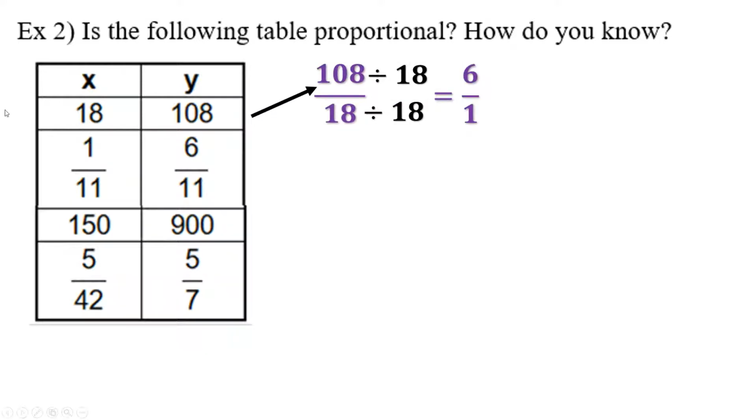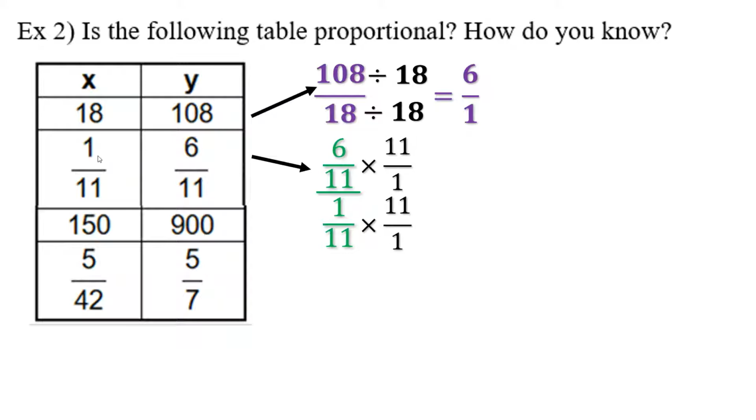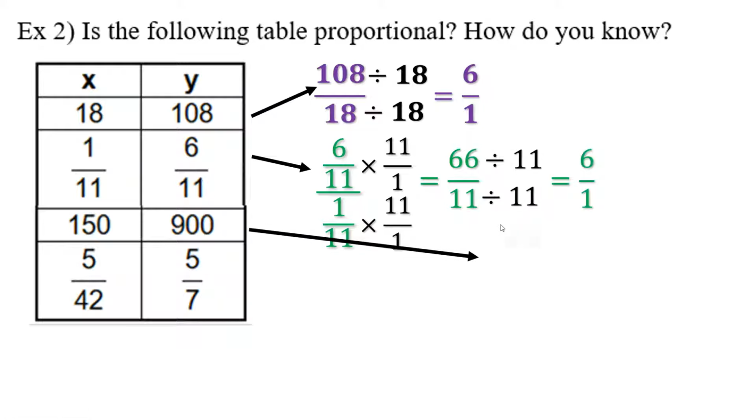Now on this next one, we're going to do y over x, and we're going to get a complex fraction, which we learned how to simplify in topic 1: multiply by the reciprocal of the denominator, and then slide it up, and then multiply across the top here. You'll get 66 over 11, which simplifies to 6 over 1. Then this next one, 900 over 150, divide by 150, and we get 6 over 1.